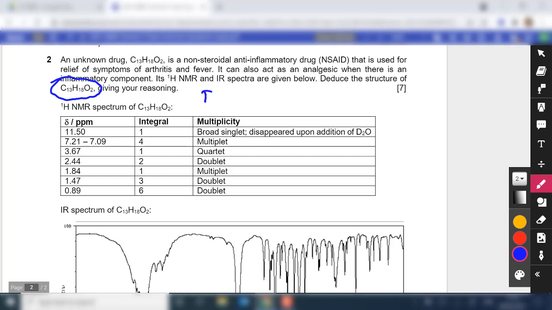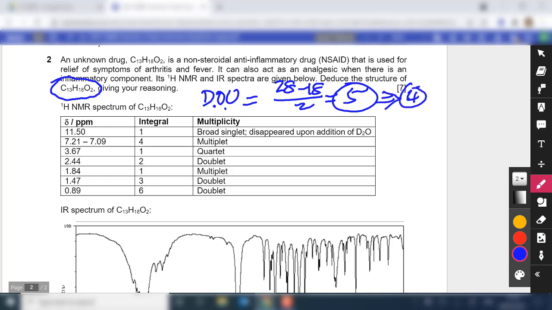So if you are given the molecular formula, you can easily calculate the degree of unsaturation. So that's 2n plus 2, that's 28 minus 18 divided by 2. So you're going to get 5. So I think you can safely assume that 4 of it is due to the phenyl ring.